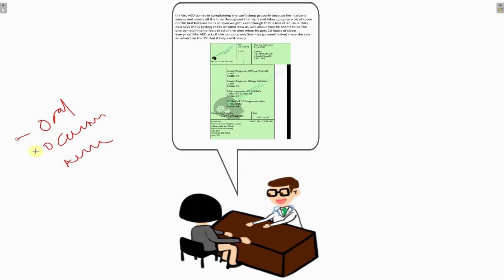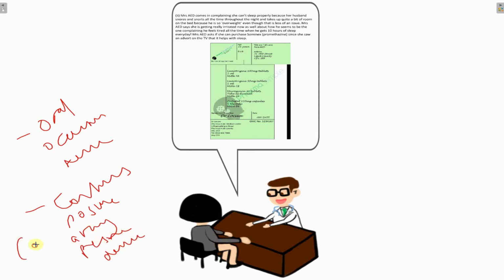And sometimes the patient may be prescribed a continuous positive airway pressure device. Sometimes you'll see the acronym CPAP written. Now, this continuous compressed air basically prevents the airway closing, and it's normally given with a mask.